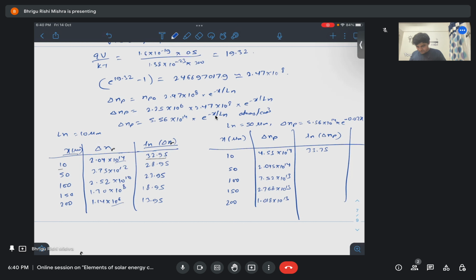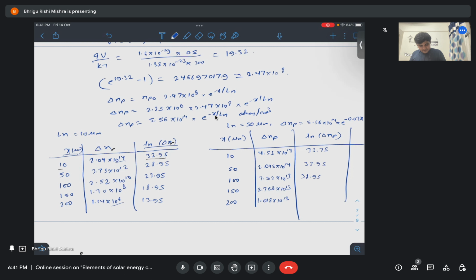Then for 2.045, this is 32.95. The next one is 7.52, so this is 31.95.